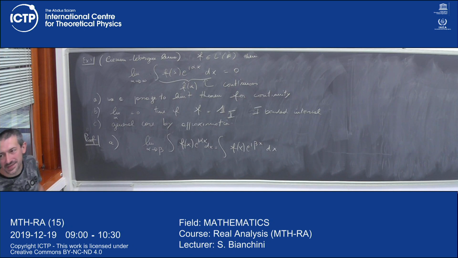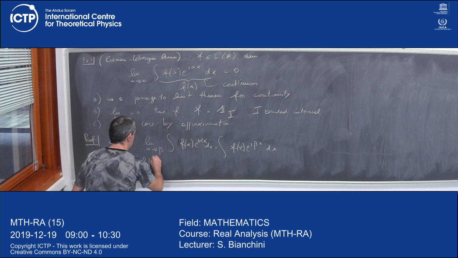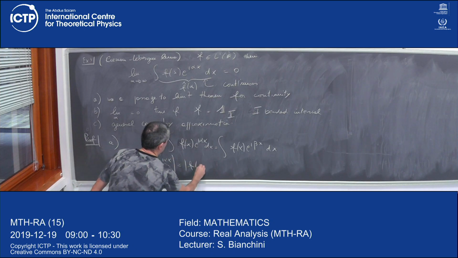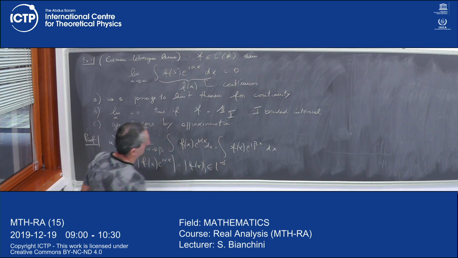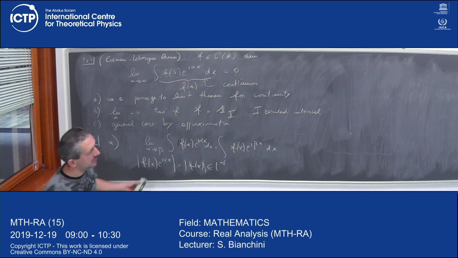So why is that true? By the Lebesgue dominated convergence theorem, because f of x e to the i alpha x is bounded by the absolute value of f of x, and this is in L1. So all these functions are bounded by an L1 function, so you can pass to the limit. Continue.